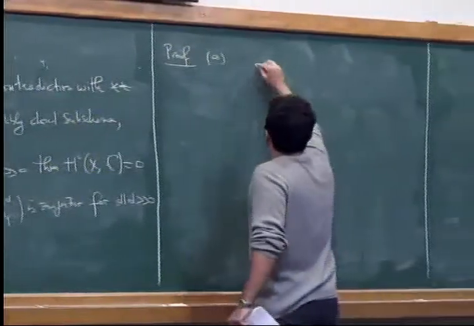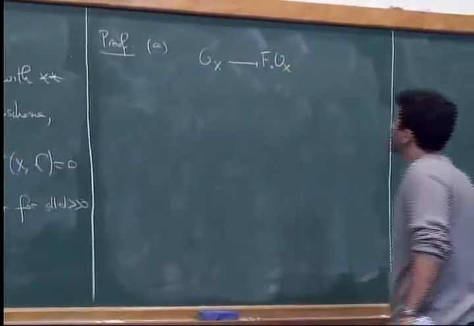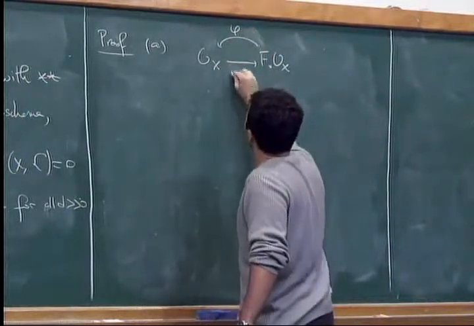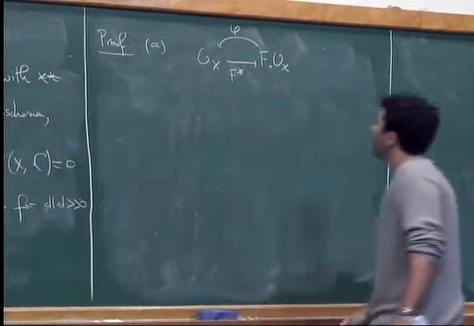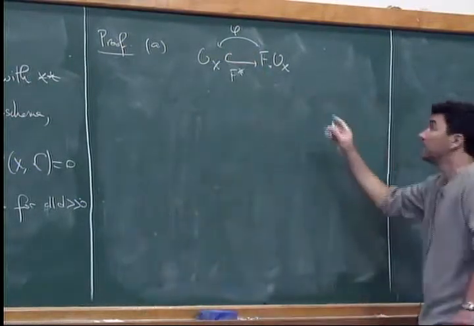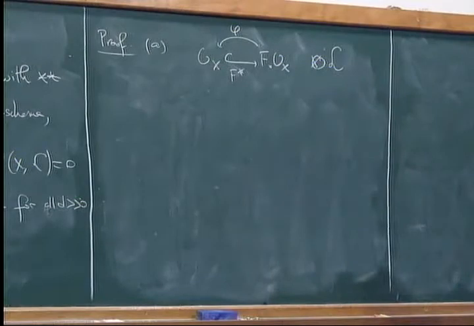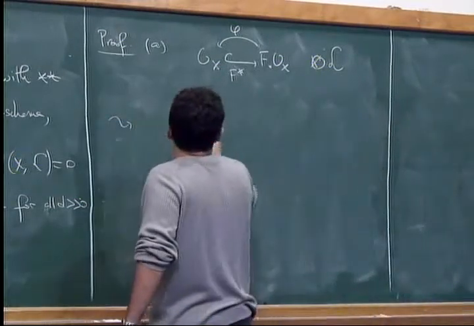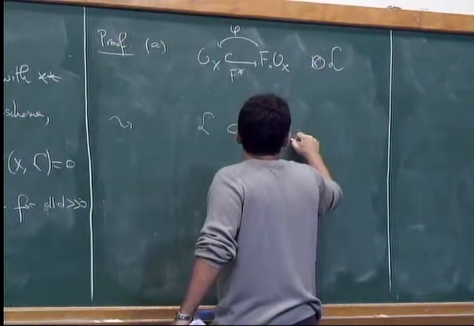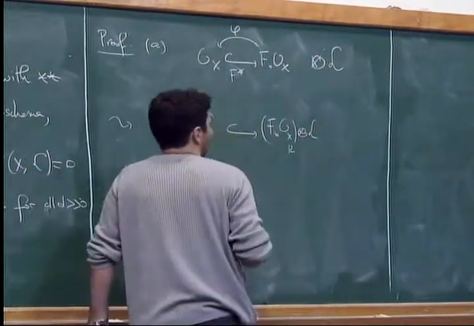So you consider again the pullback by the Frobenius. By assumption, there is a splitting here. So you get an injective map. It is split. Now we tensor everything by L. So you get L, F^* O_X tensor with L. You use the projection formula.